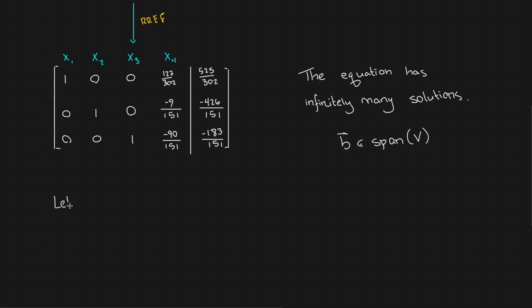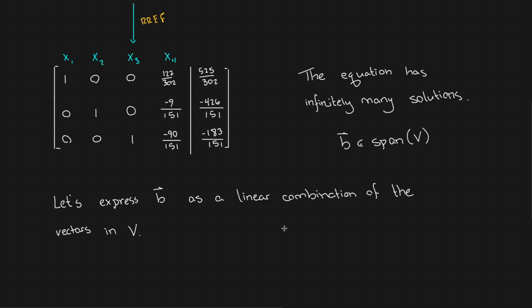So let's express B as a linear combination of the vectors in V. Okay, so let's work.